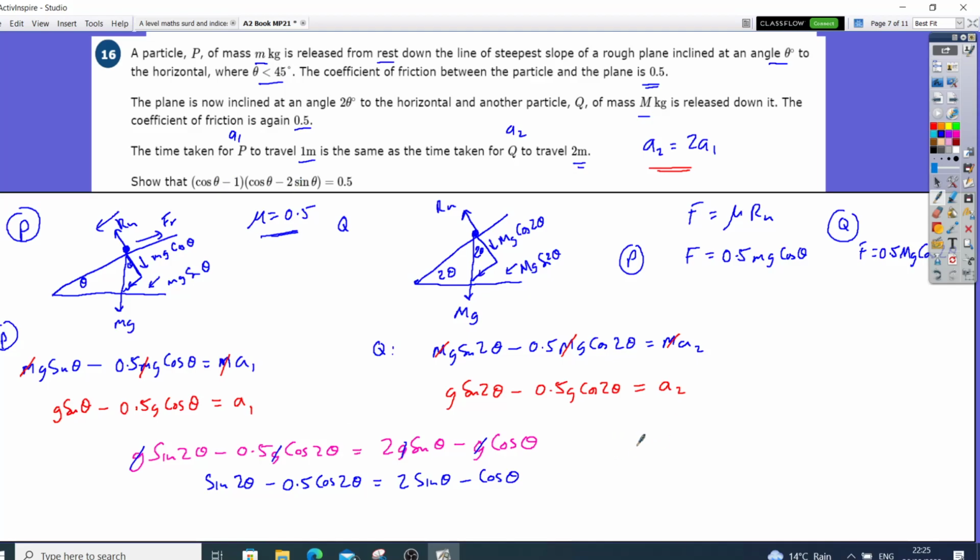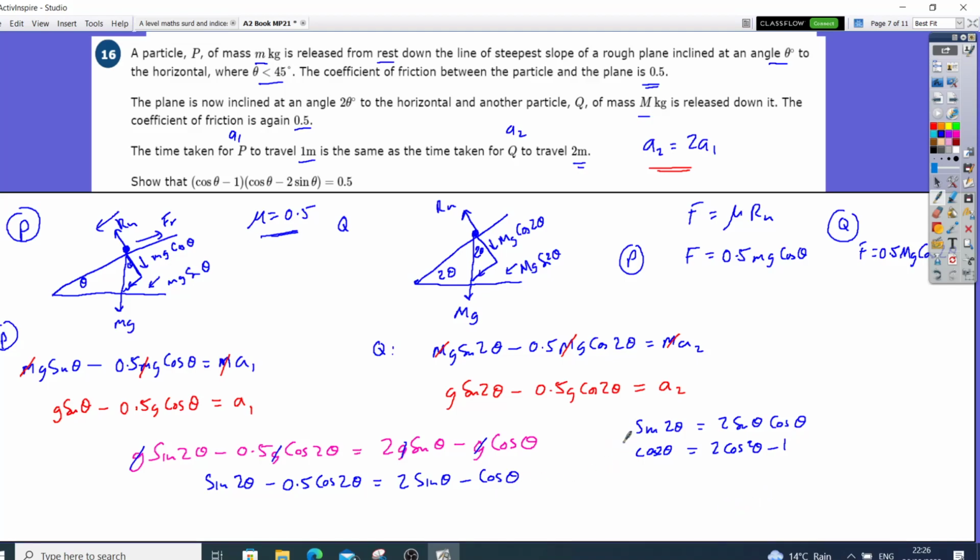You should know from double angles that sine 2 theta is the same as 2 sine theta cos theta, and I want everything in terms of cosines, so cos 2 theta is the same as 2 cos squared theta minus 1.